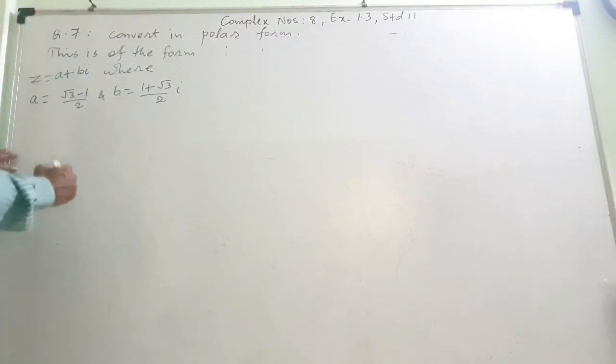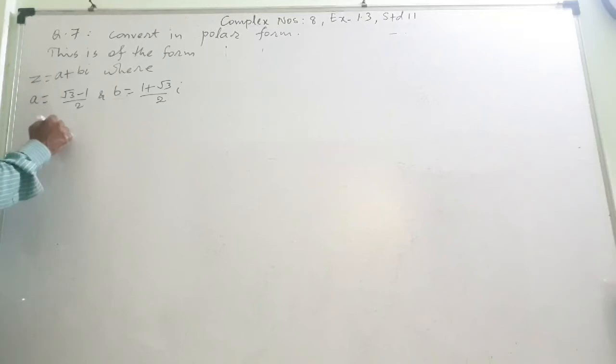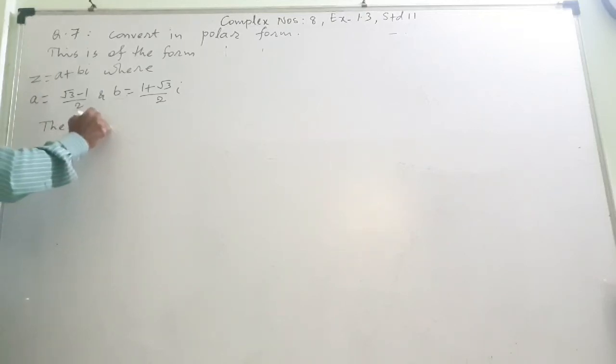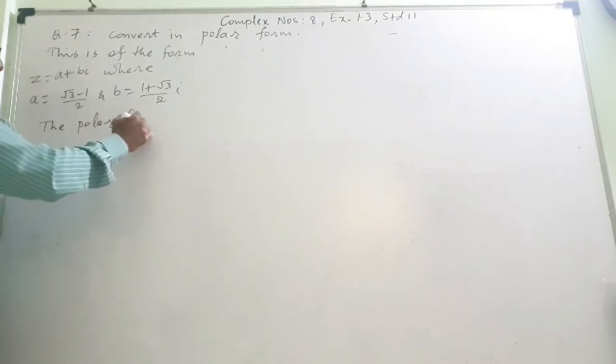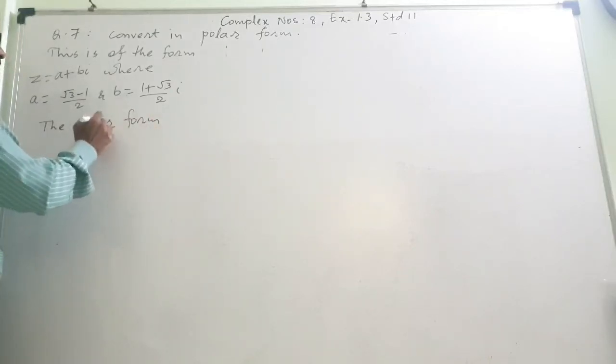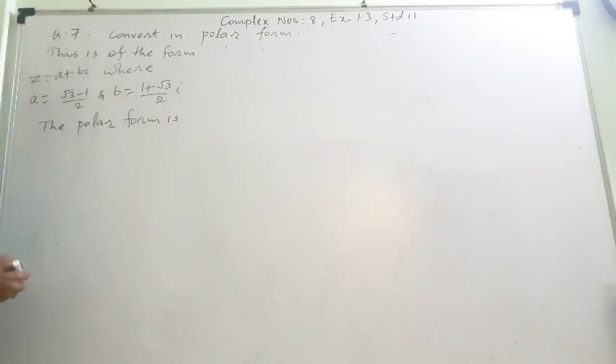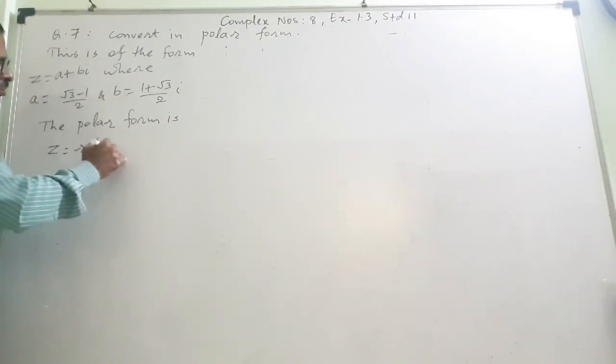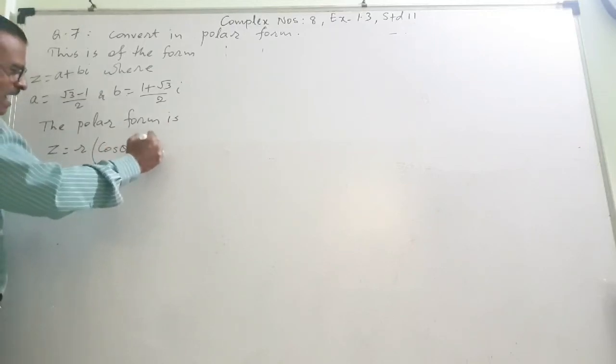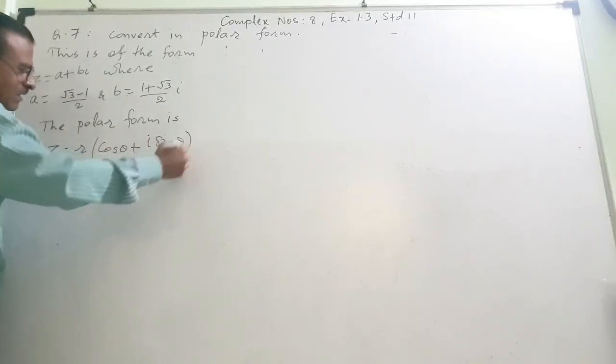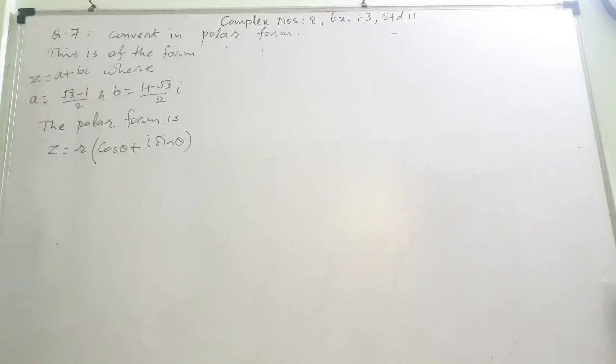The polar form is z is equal to r into cos of theta plus i sin of theta. This is your polar form. So what you want now? r you want, theta you want.